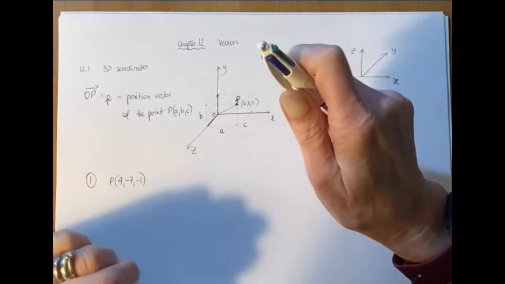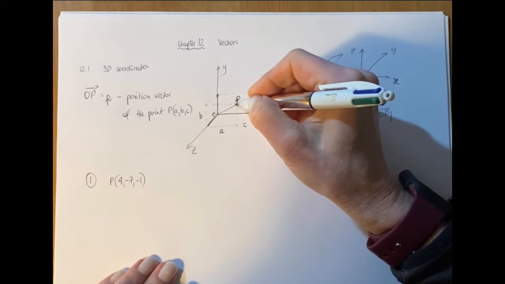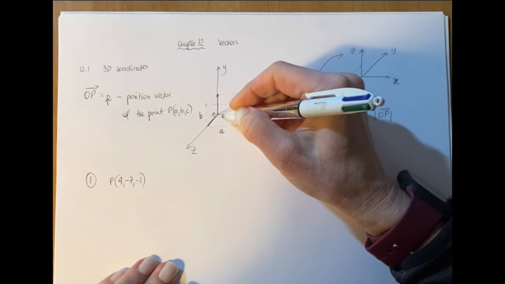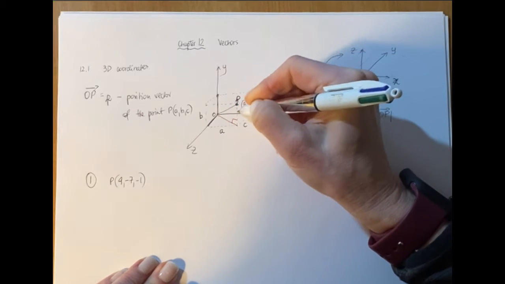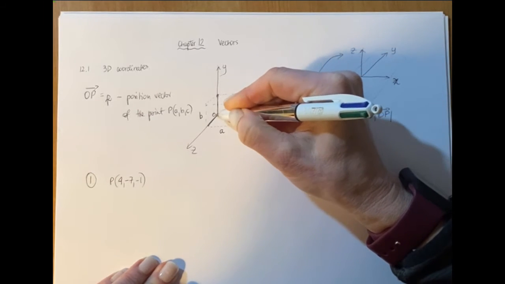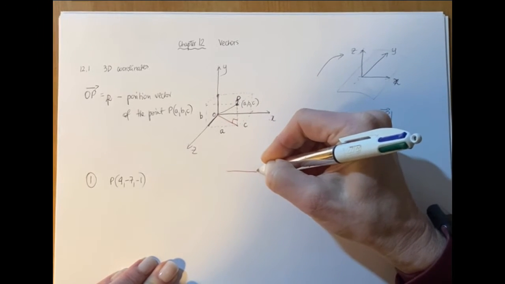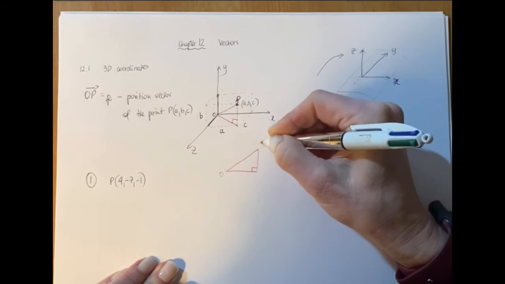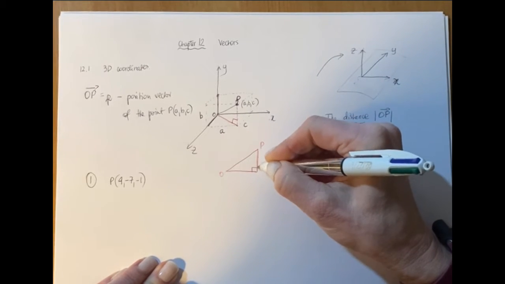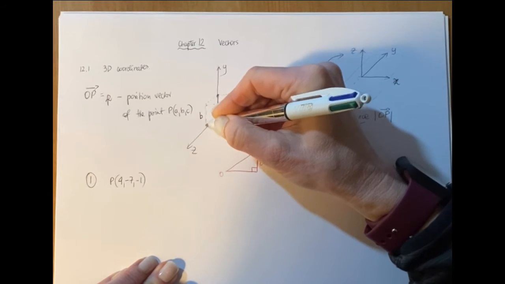So if you imagine, the length of that longest diagonal can be calculated using the length of this right angled triangle. So if you take that right angled triangle out, there you go. So this is O to P. This is, as we said, the height, that's B, that's the same as that one.